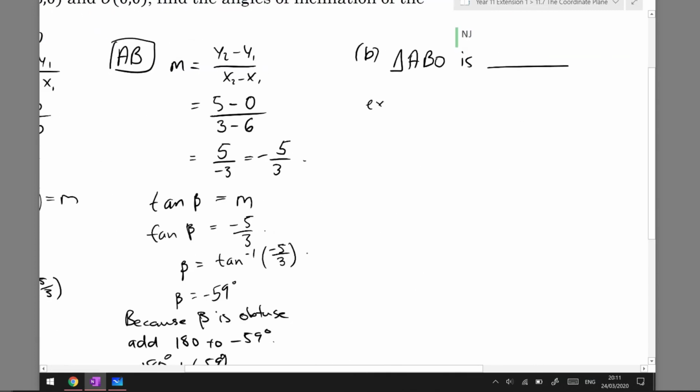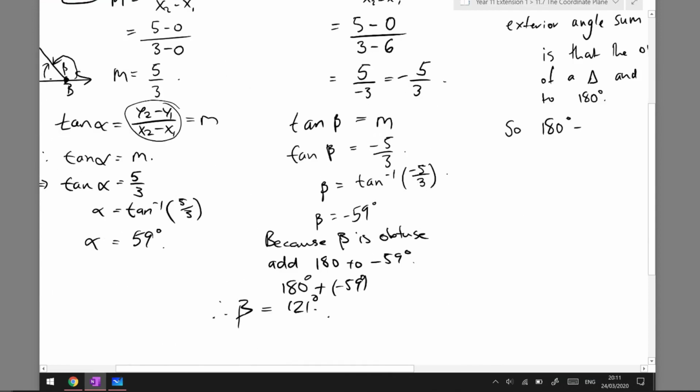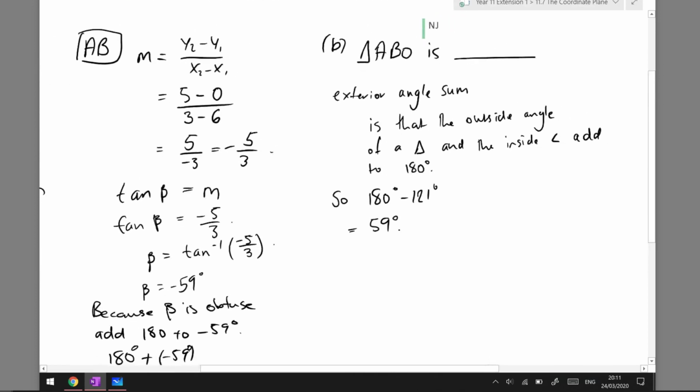Exterior angle sum is that the outside angle of a triangle and the inside angle add to 180 degrees. So 180 degrees minus my beta, which is 121 degrees, gives me 59 degrees, just like we got with the other one.